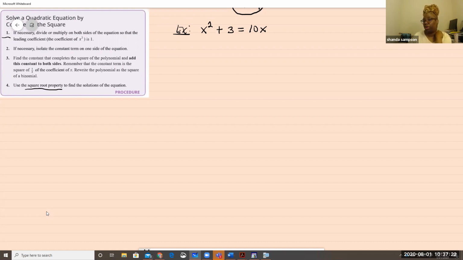Which means that I'm going to move the 10x to the left so that I can get a regular standard form, ax squared plus bx plus c, x squared minus 10x, right, plus 3. I don't like to skip steps, so that's a minus 10x, just in case you didn't remember, okay? Now, this one obviously is not factorable, so it lends itself well to completing the square. So step 1 is to move the 3 over because the constant needs to be on the other side.